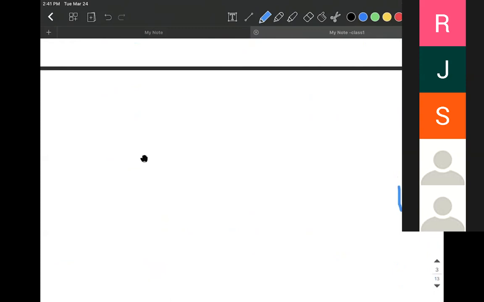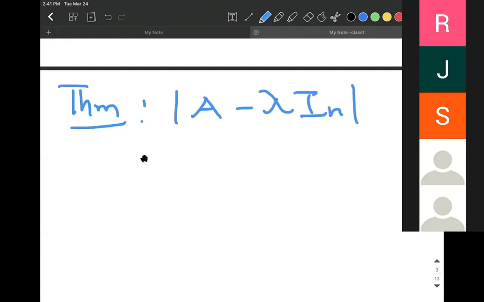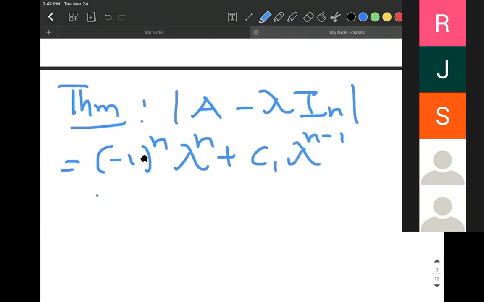There is this theorem which says that this determinant of A minus lambda I is given by something like this: (-1)^n lambda^n plus some C1 lambda^(n-1), plus up to this constant Cn. So this is the theorem. This is a polynomial in lambda.